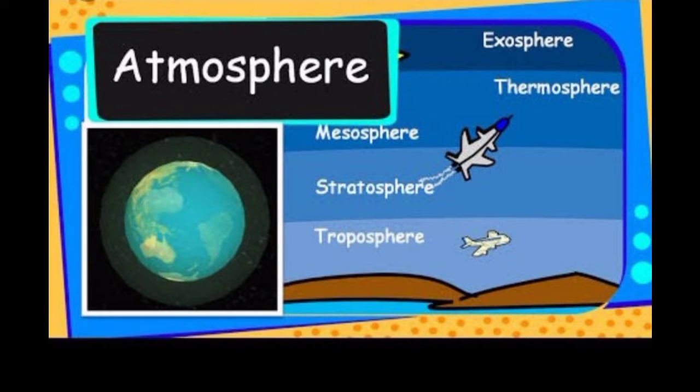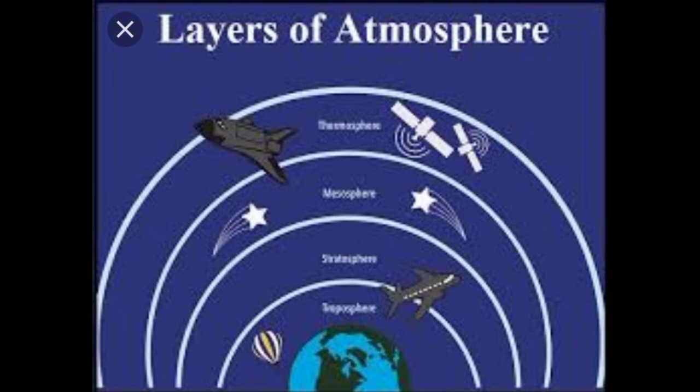Other gases like carbon dioxide and argon comprise 1% of the atmosphere by volume. The atmosphere is like a blanket that surrounds the earth. It protects the earth from getting too cold or too hot.